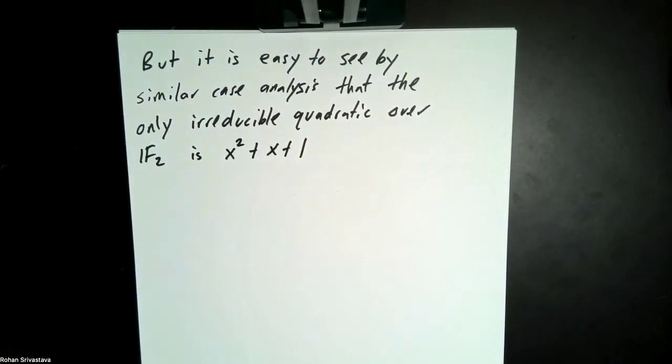To be an irreducible quadratic, or even a third degree polynomial, over a field is equivalent to not having a root. And so we just have to plug in 0 and 1 to all the other possible quadratic polynomials and see that they do have roots, but this one, when you plug in 0 and 1, you don't. So you would just have to enumerate all of the quadratics, they're not that many, and plug in 0 and 1, and you see that this claim is true.